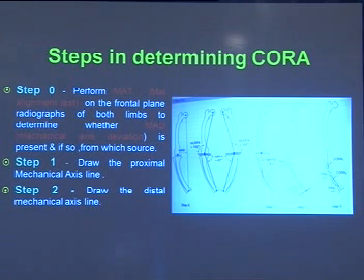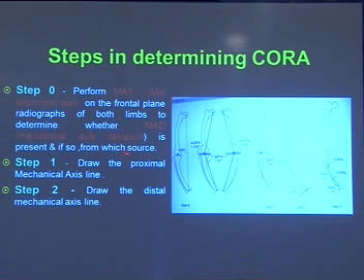So when you want to determine where the CORA is, step 0, perform the malalignment test on the frontal plane radiographs of both limbs to determine whether mechanical axis deviation is present, and if so, from which source.